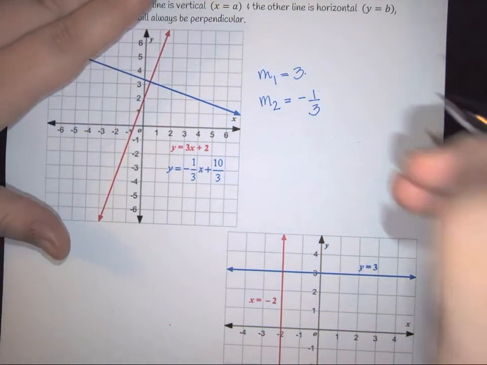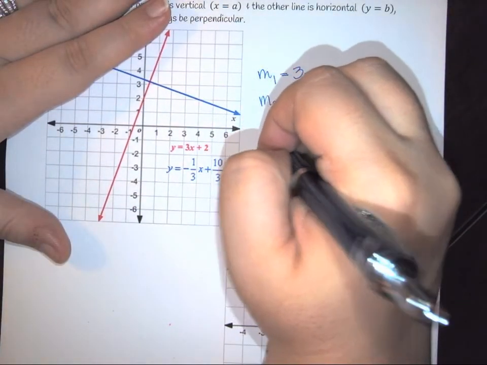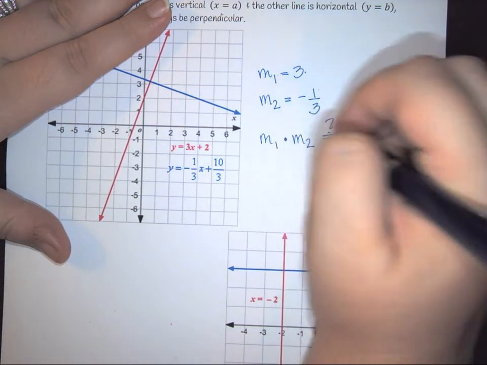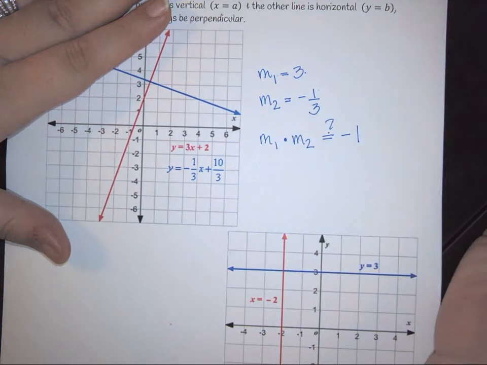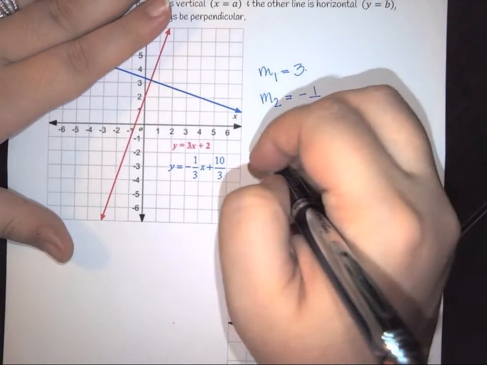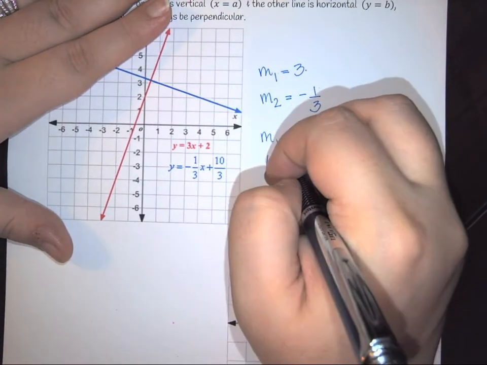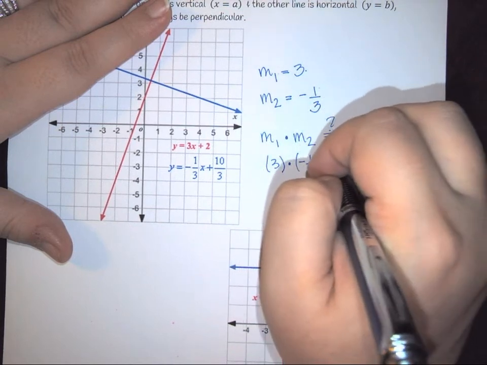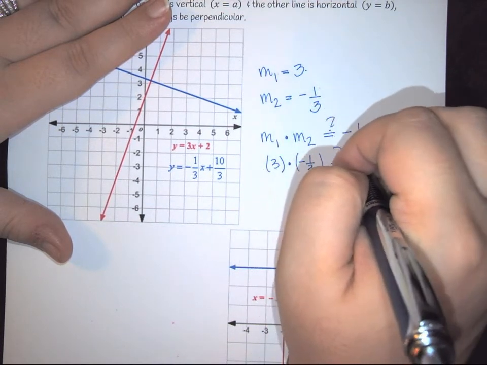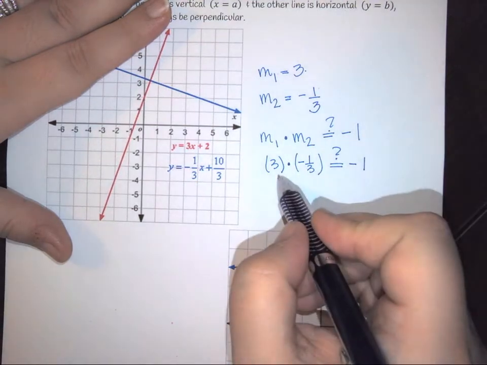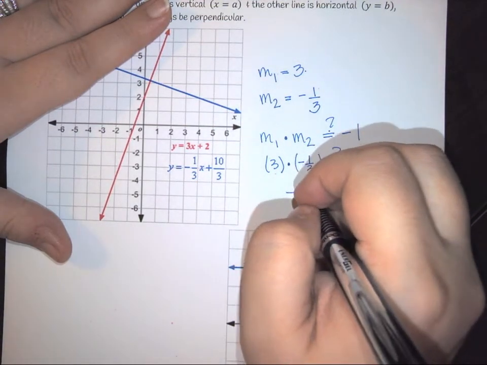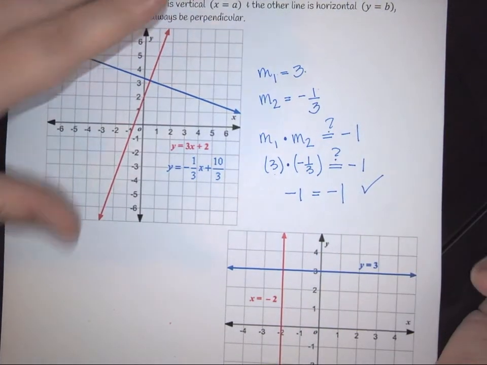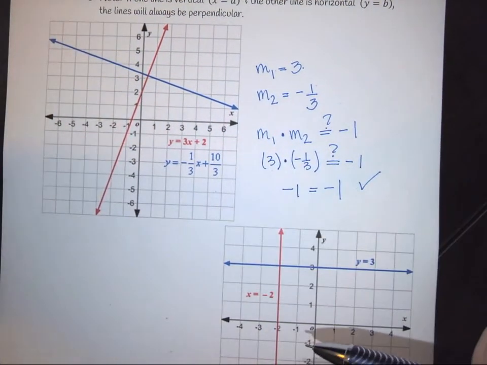The rule says I have to take my first times my second and see if this equals negative 1. So I've got 3 multiplied by negative 1/3, and I'm looking to see if this equals negative 1. Well, 3 times negative 1/3 means negative 1 equals negative 1. Therefore, that's a true statement, which means these lines are perpendicular.